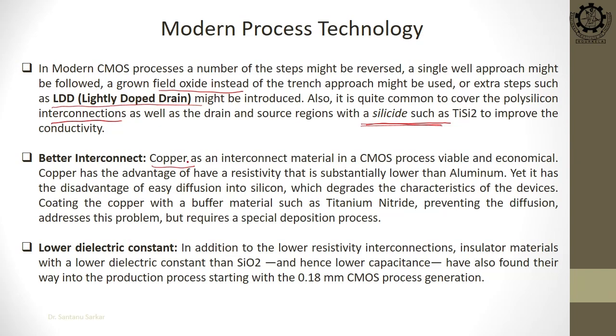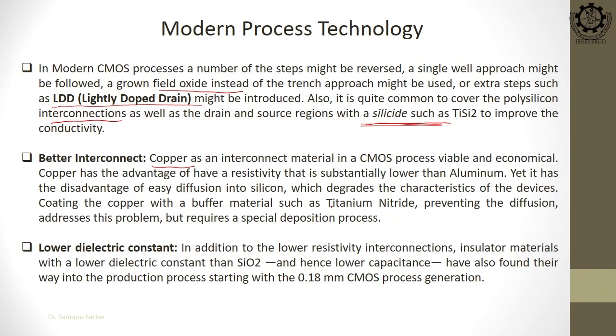So, copper is nowadays used for CMOS technology, and it has certain advantages. Its resistivity is lower than aluminum, so it acts as a better interconnect. It has certain disadvantages, but nowadays other techniques have been invented to overcome those problems.